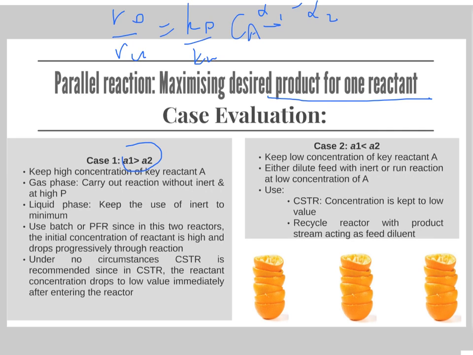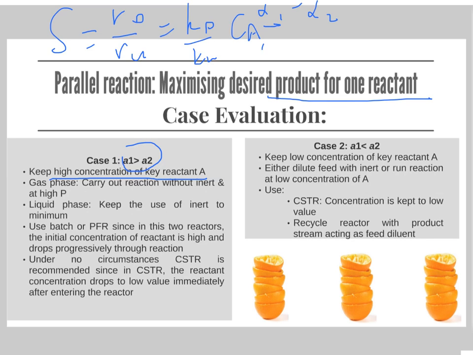If alpha 1 is bigger than alpha 2, we will have to keep a high concentration of key reactant A, because this term, alpha 1 minus alpha 2, will become positive.